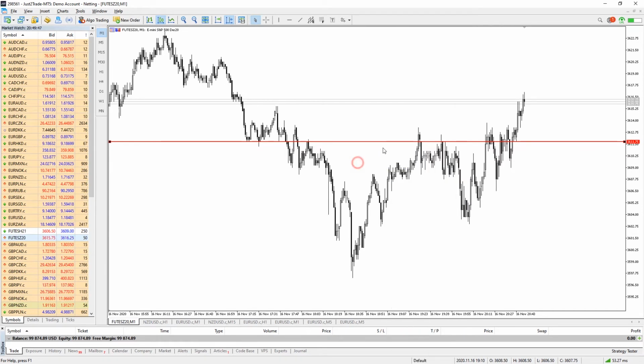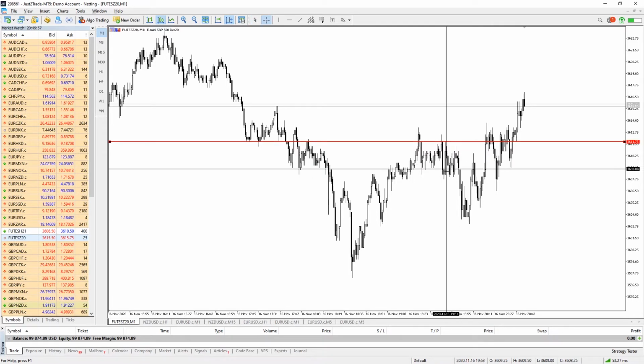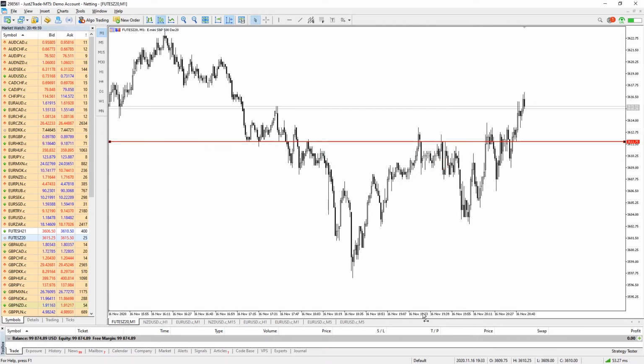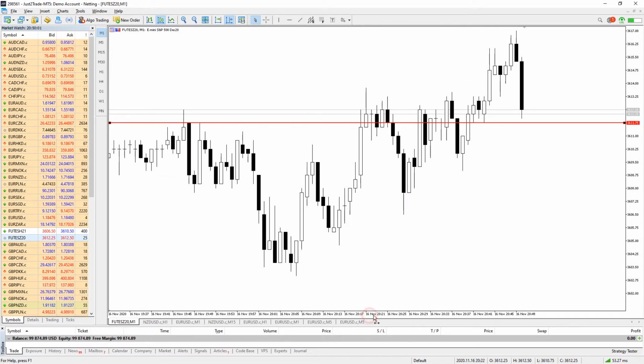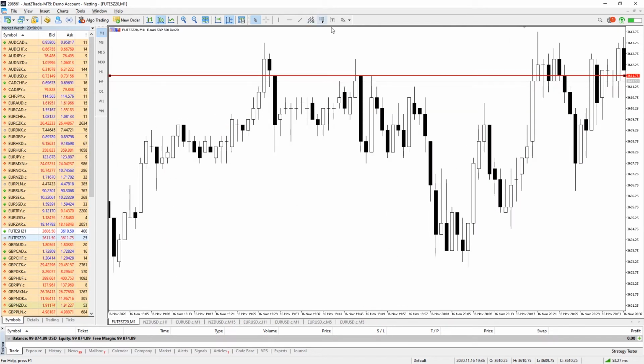So once you've seen some false breakout over here, and the price actually came back up over here, once again, you could have simply entered the market once again, either after the close of this particular candle. So let's consider this one.